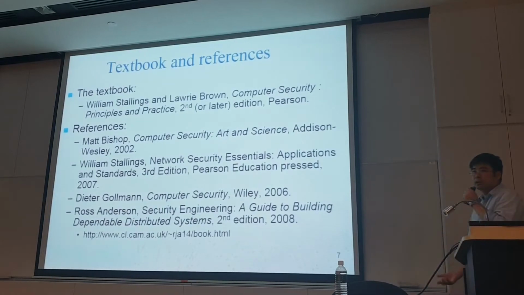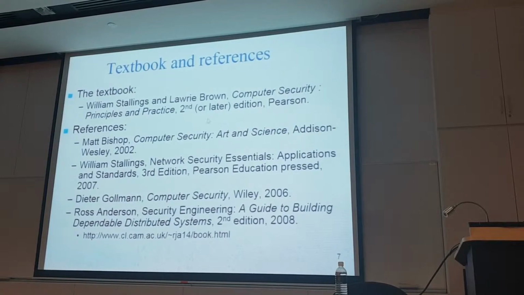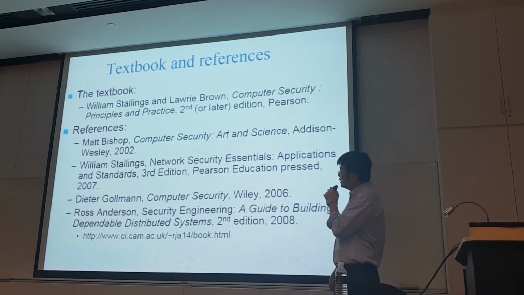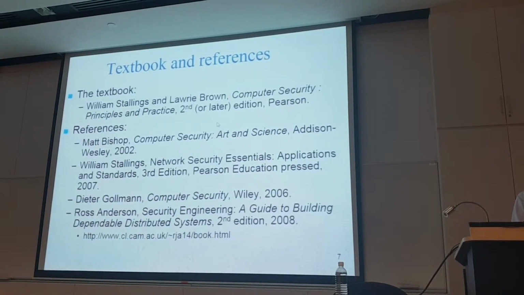But for most of the contents, if you use the 2nd or the 3rd edition, they are also sufficient. But if you can purchase the 4th edition, then definitely that's enough to cover most of the contents in this subject.